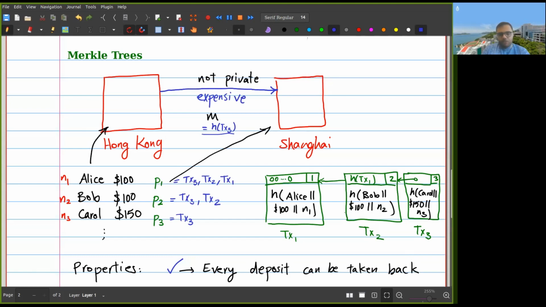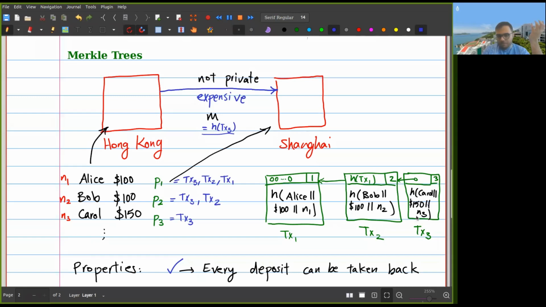But anyway, what is Alice really seeing? Alice is just seeing a bunch of mumbo jumbo, some information that makes no sense to her because these are just hashes. So all she knows is that she has to bring this information to the Shanghai branch to get her money back. She doesn't know what this actually means. There is no way for her to invert this hash and find out that this was a deposit by Bob and it was $100, or that this was a deposit by Carol and it was $150.